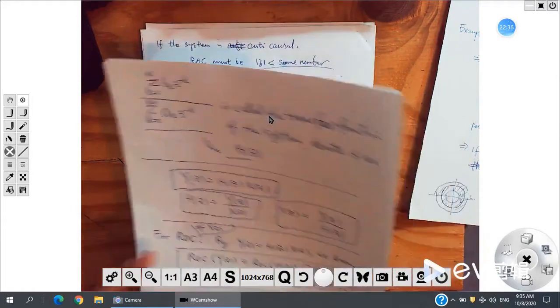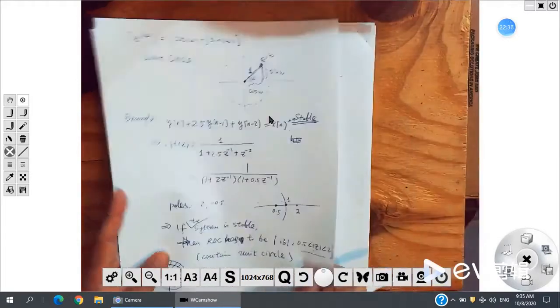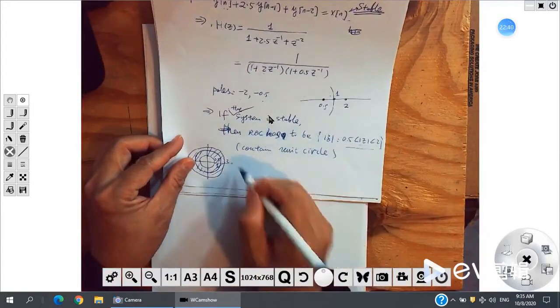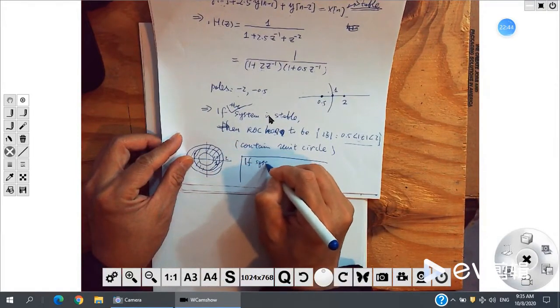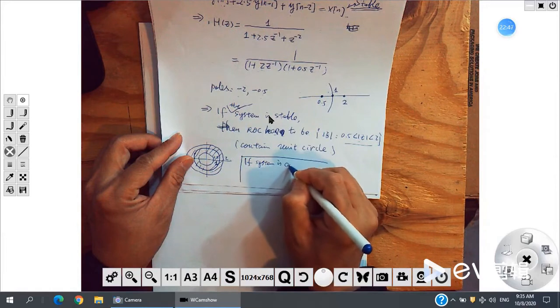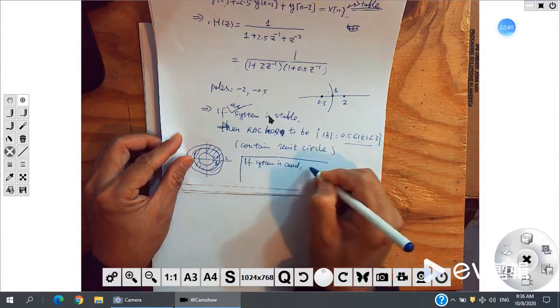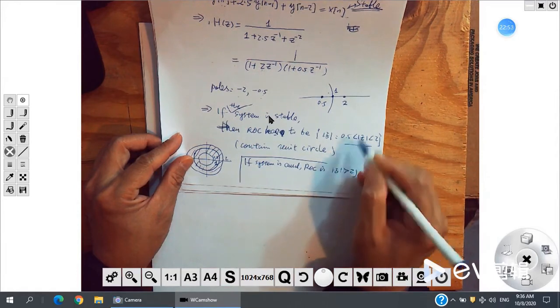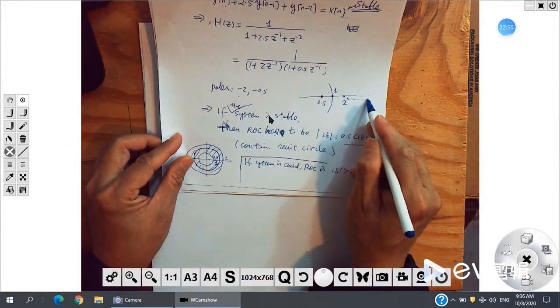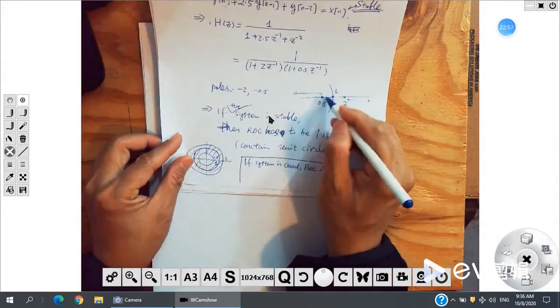Yeah, we can go back to the same example. If the system is causal, the ROC is absolute value of z larger than 2, right? It should be this side. So totally we have three possible ROCs, right?